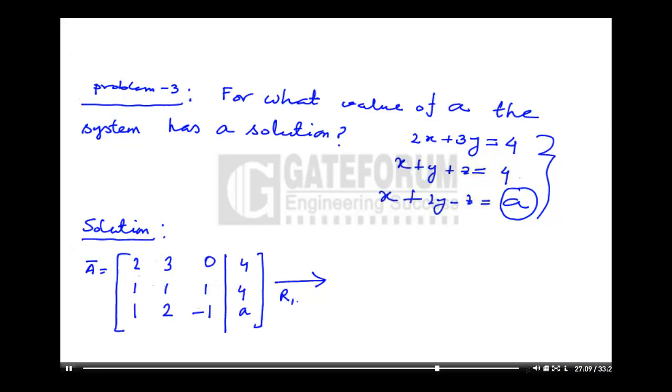Interchange row 1 and 2 and we get 1 2 1 1, 3 2 1 0, -1 and here we get 4 4 A.